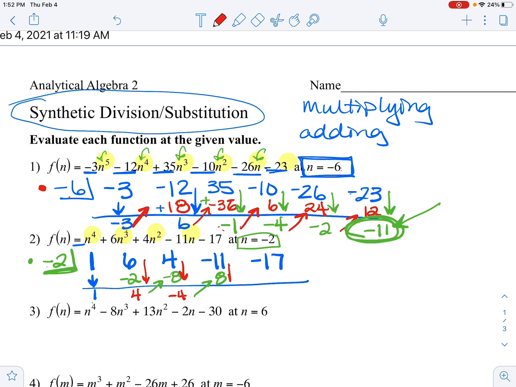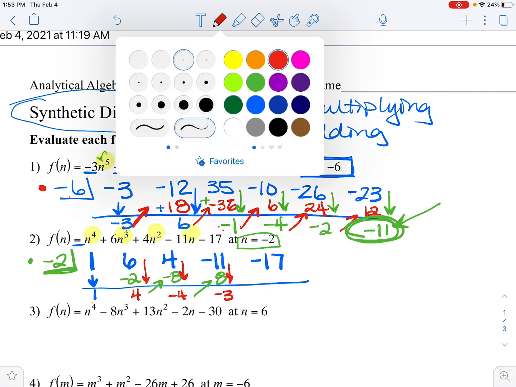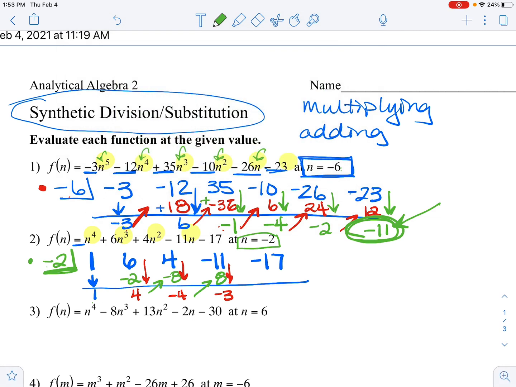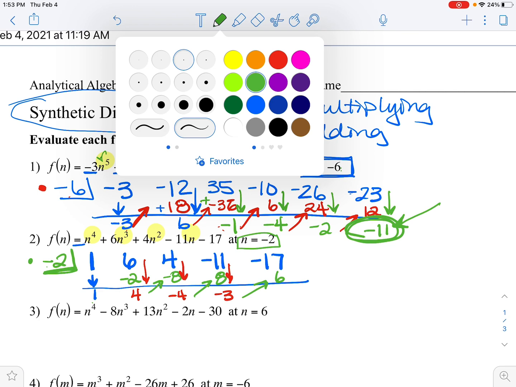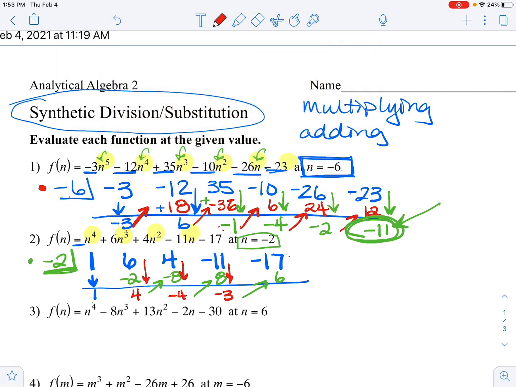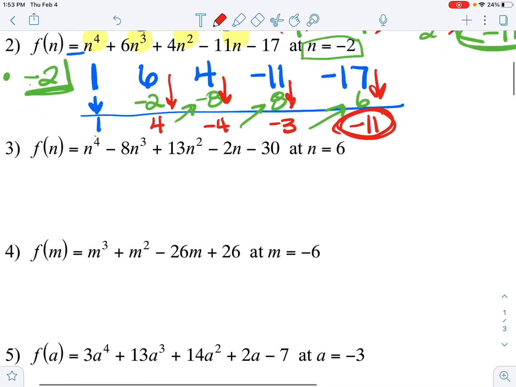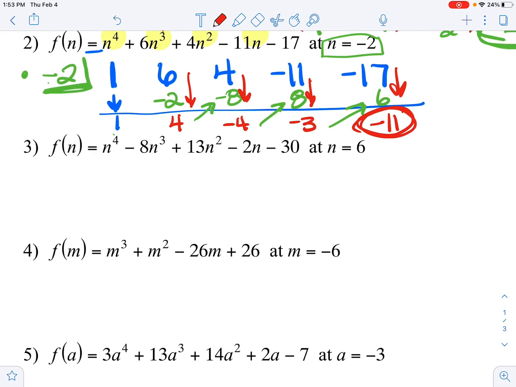Add straight down. Negative 2 times negative 3 is a positive 6. Add straight down is a negative 11. And yes, it just happens to be the exact same. Okay.